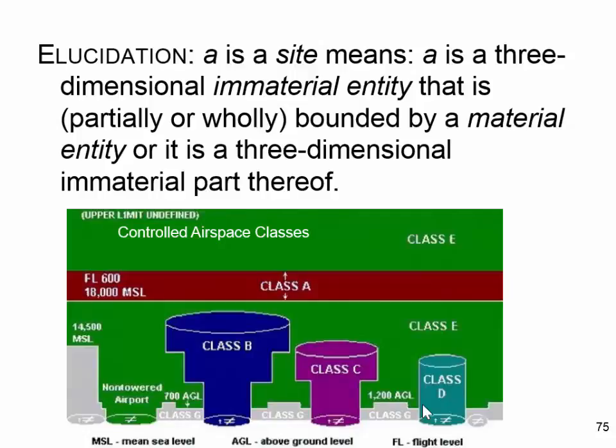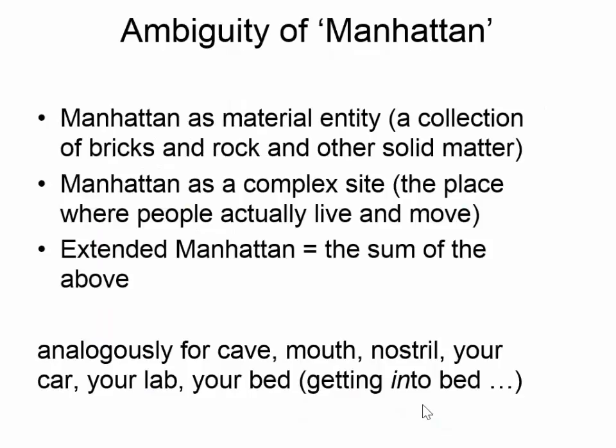So class A controlled airspace is above 18,000 meters from sea level. It's all Fiat boundary. There is nothing that even looks like a physical boundary here, but it's defined in terms of sea level, which does involve physical boundaries. So I talked about the ambiguity of Lisbon. This is a slide about the ambiguity of Manhattan.